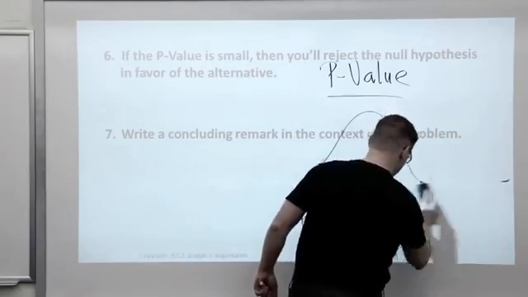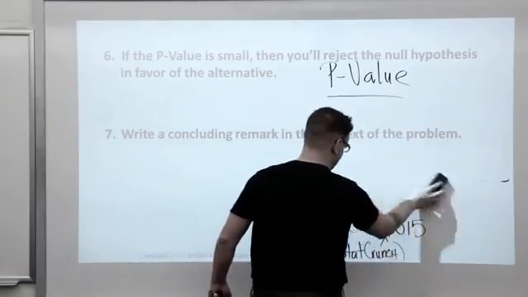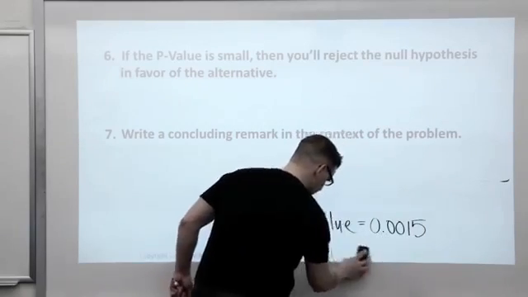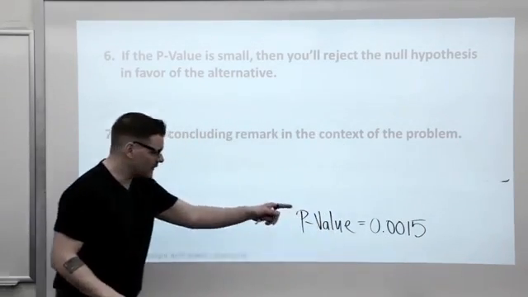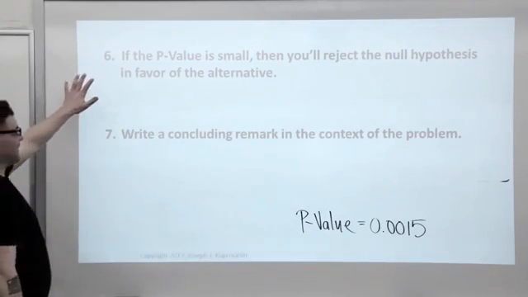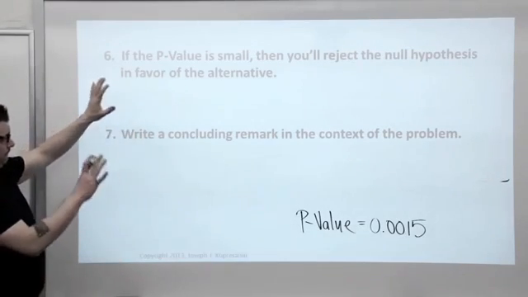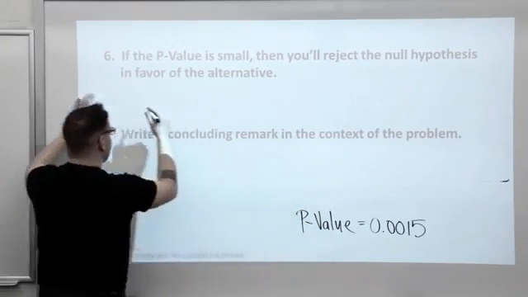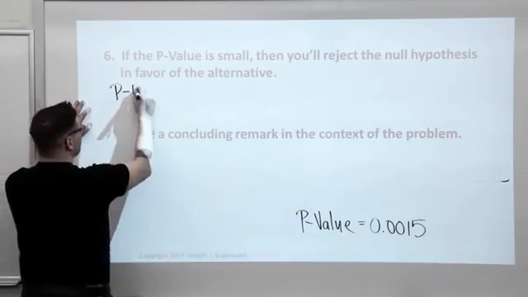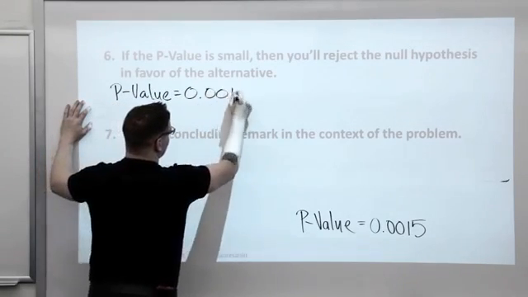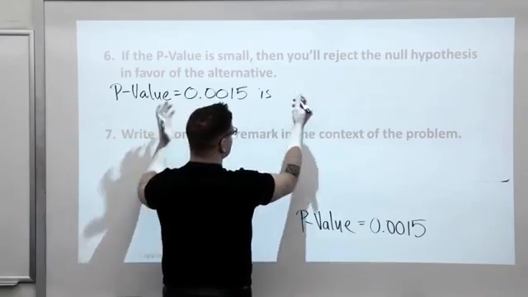So maybe make some space here. Leave that most important number there, the p-value. Part 6, if the p-value is small, then you'll reject the null hypothesis in favor of the alternative. P-value equals 0.0015, which is extremely small.